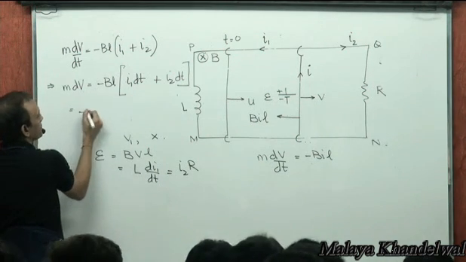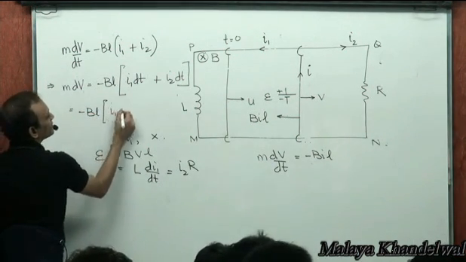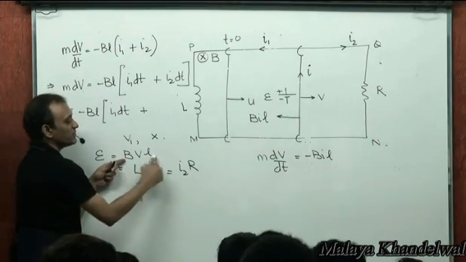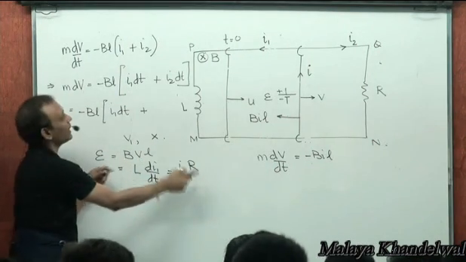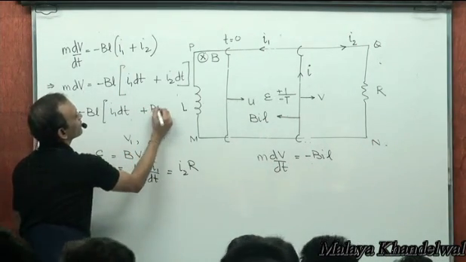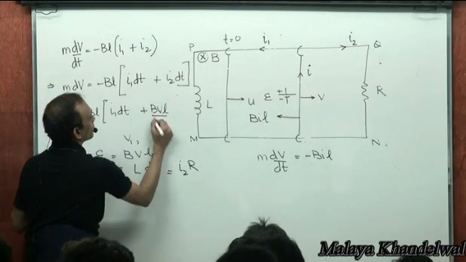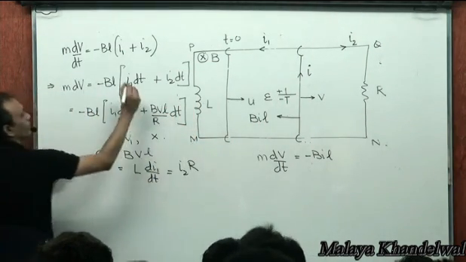This I can write as minus BL times I1 dt plus this I2, which I can write as BvL by capital R. Yes or no?